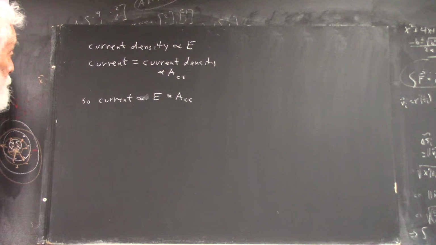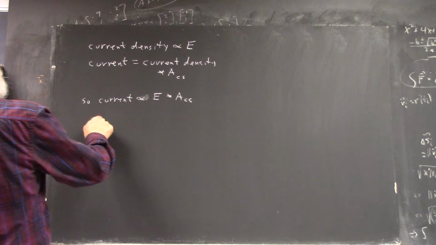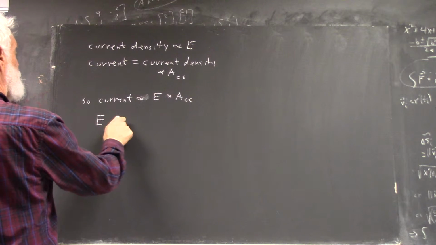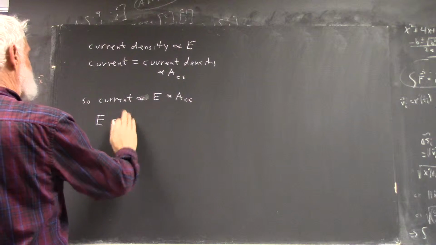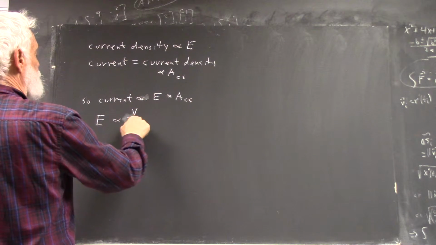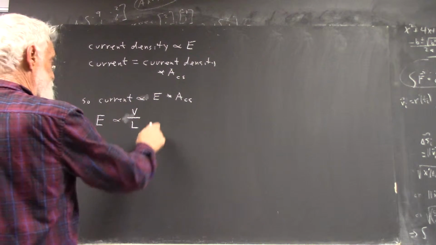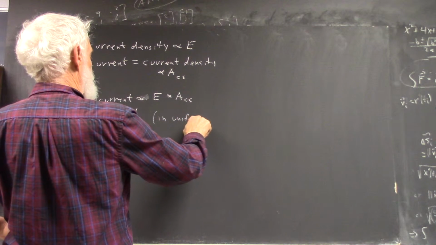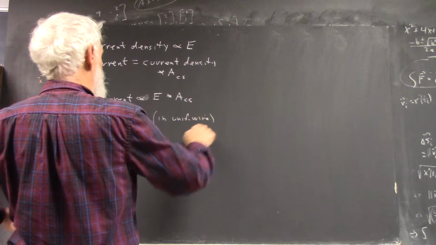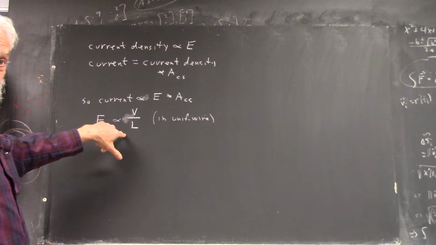Okay? E is proportional to V over L, in a uniform wire, where it's potential difference over length, right?